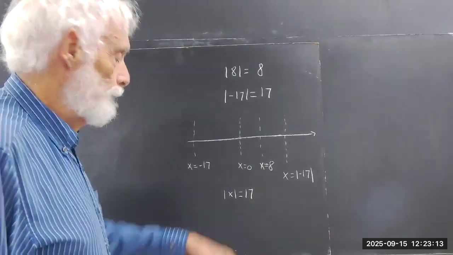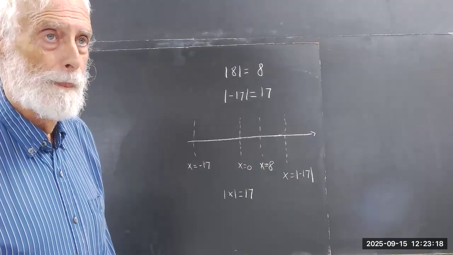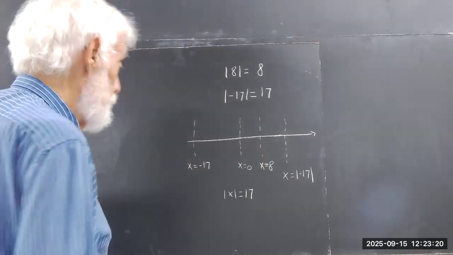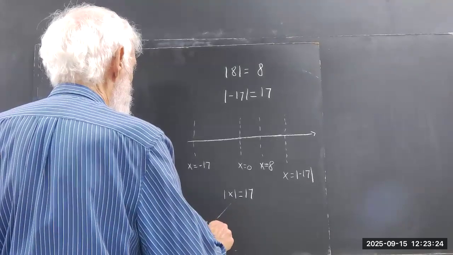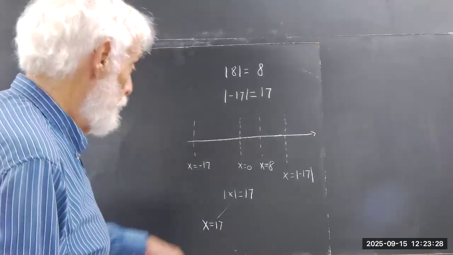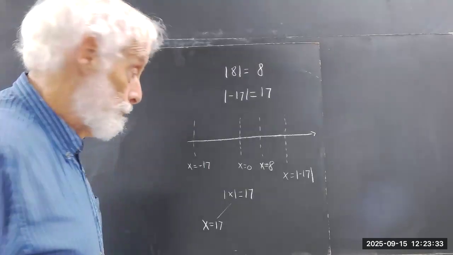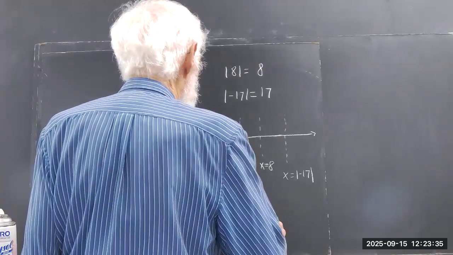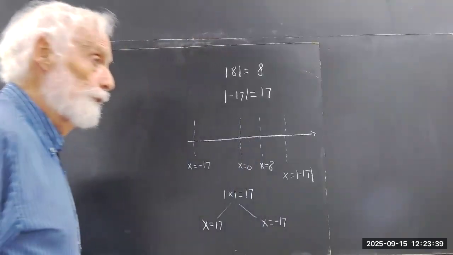Say absolute value of x equals 17, then what is x? Well, x equals 17 is a solution because the absolute value of 17 is 17, right? But x equals negative 17 is also a solution.